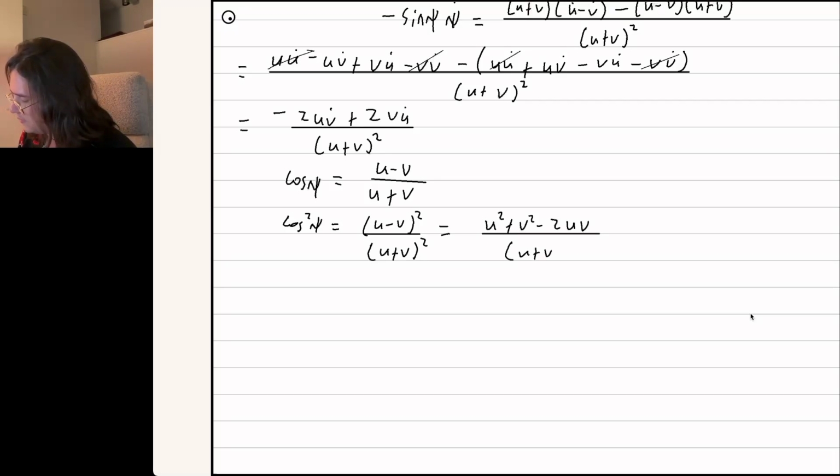Right. Then I'm going to subtract both sides from 1. So we're going to have 1 minus cosine squared psi is equal to 1 minus u squared plus v squared minus 2uv, over u plus v squared.